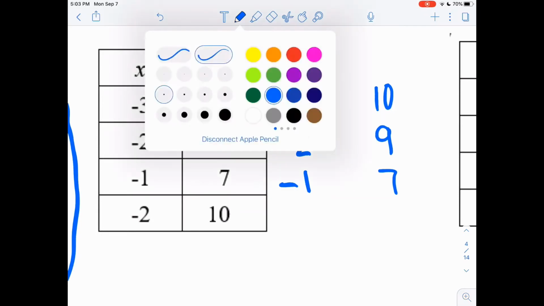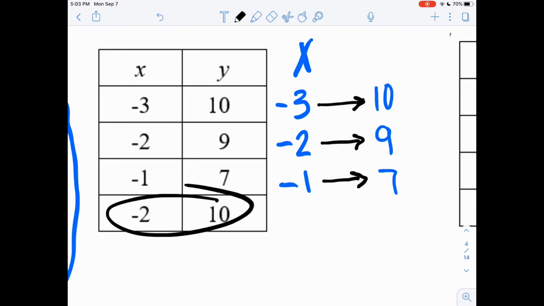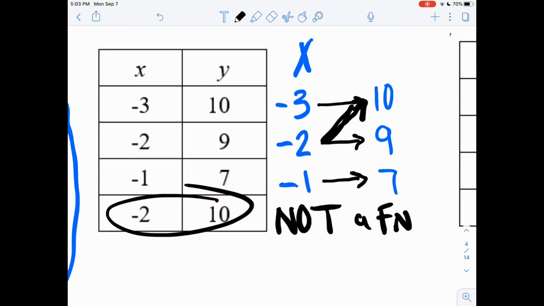When I map them together, -3 maps to 10, -2 maps to 9, -1 maps to 7, but then -2 also maps to 10. So this one again is not a function because one of my inputs has more than one output.